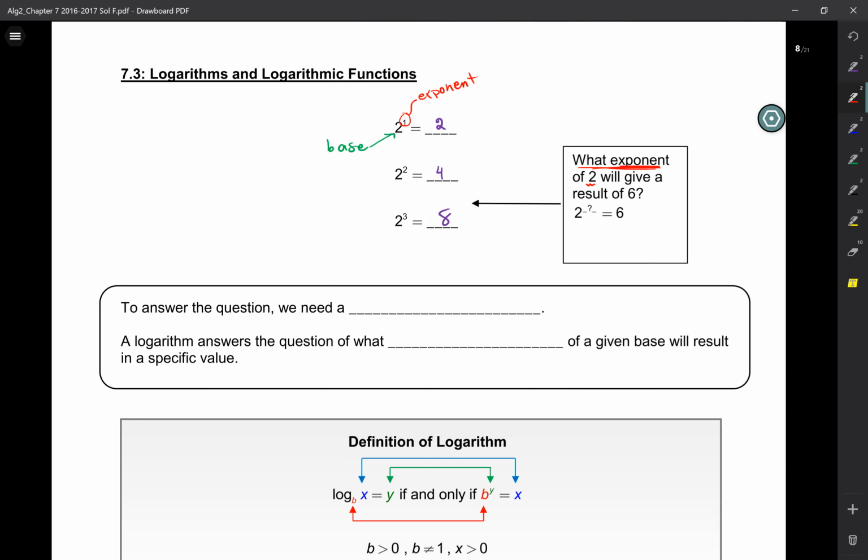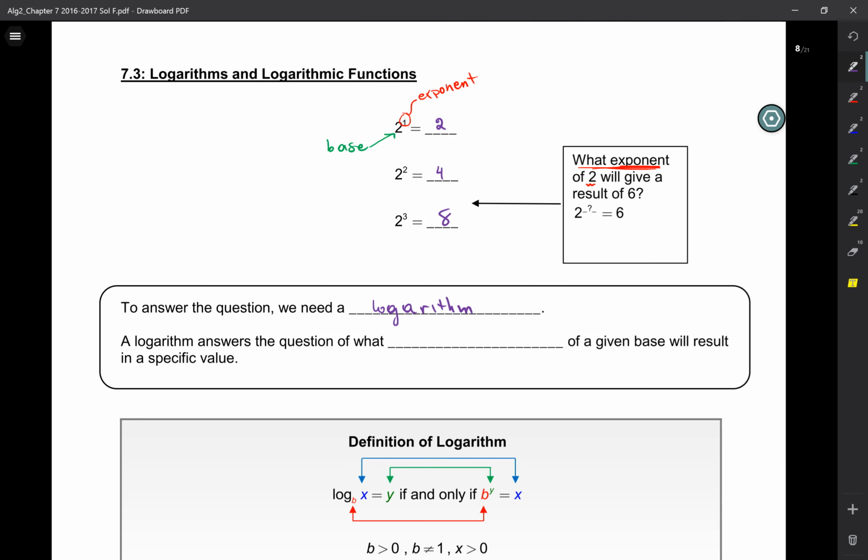So you could now try another number. Maybe it's 2.6, maybe it's 2.8. Or you could sit there and do this until you're blue in the face, or we could do it differently. So to answer this question, what we need is a logarithm. All right? So what is it that we're looking for right now?